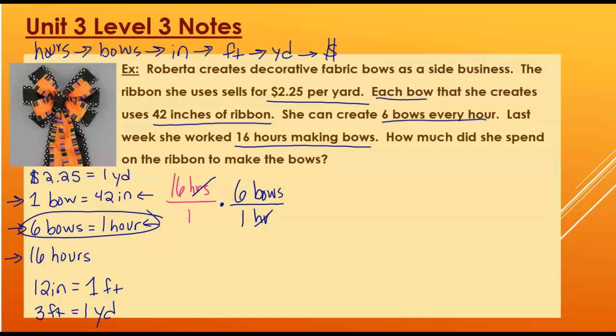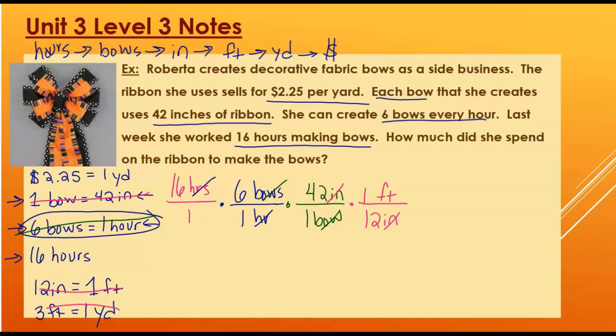Then I know that 1 bow takes 42 inches of ribbon. All right, so now our answer is in inches. And I know that there's 12 inches in 1 foot.